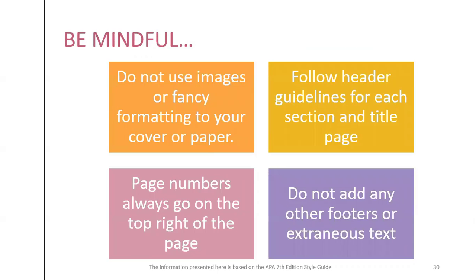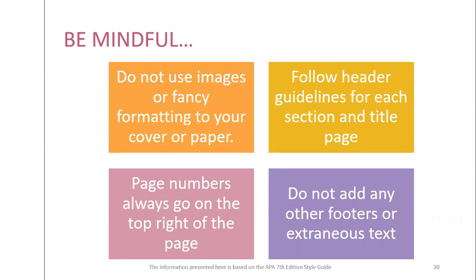Couple things to consider when it comes to APA style formatting. Please do not use or add any fancy images or fancy formatting to your cover page or to your paper. You don't need it. You just don't. You need to make sure that you also follow all of the header guidelines for each section and title page.